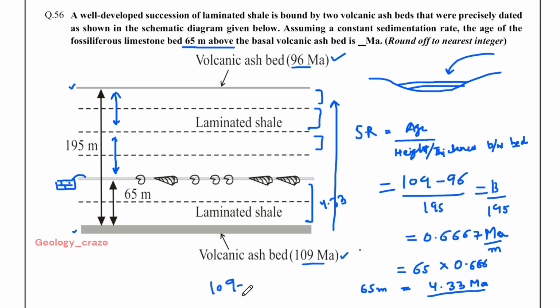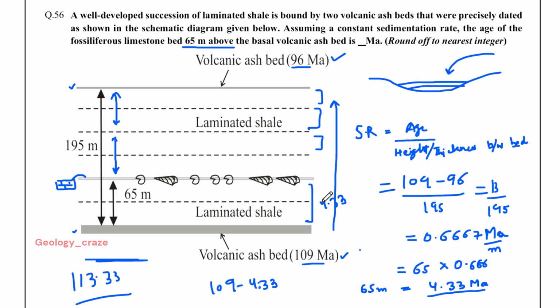109 minus 4.33. We have to subtract instead of adding because age is getting decreased now, because here it is 96. If we add these two values, we will get 113 point something, but that value should come below 109.